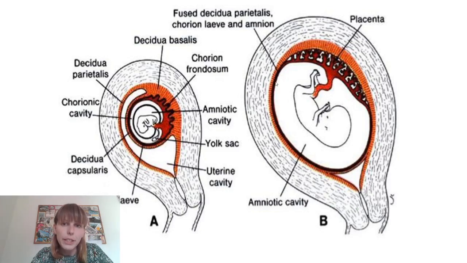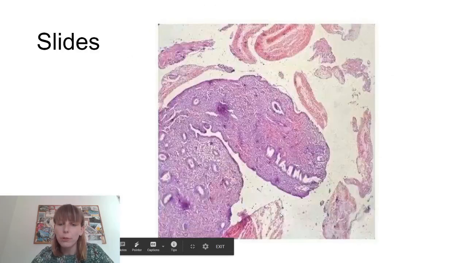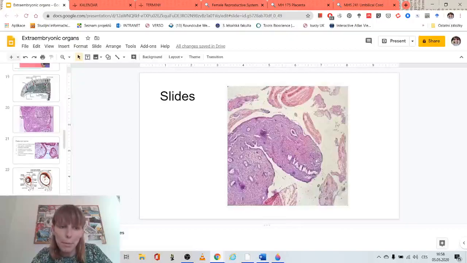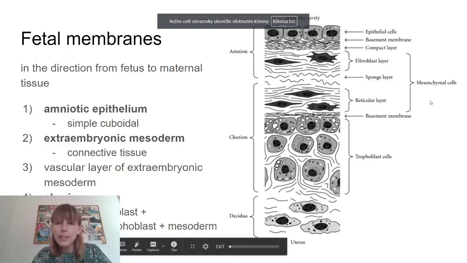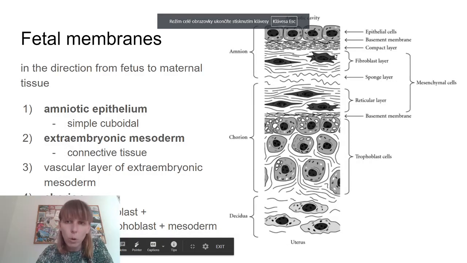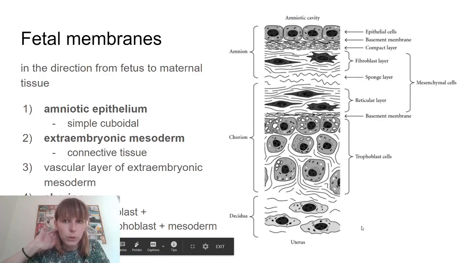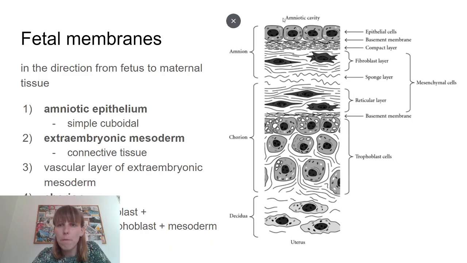So we will see all of these layers merged into one sort of wall, and it will be called the fetal membranes. So this is the schematic overview of everything that we want to see in this slide. And so we can go, for example, from the embryonic side, so from the amniotic cavity.